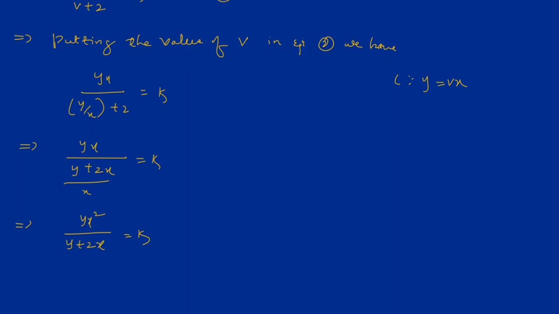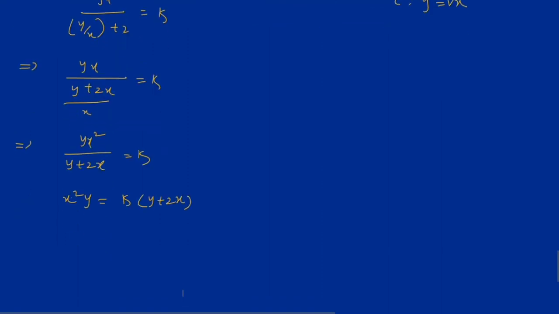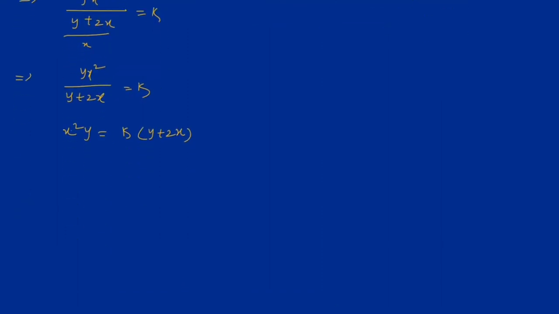So x square y equals k times of y plus 2x, right? So now take it as equation 3.